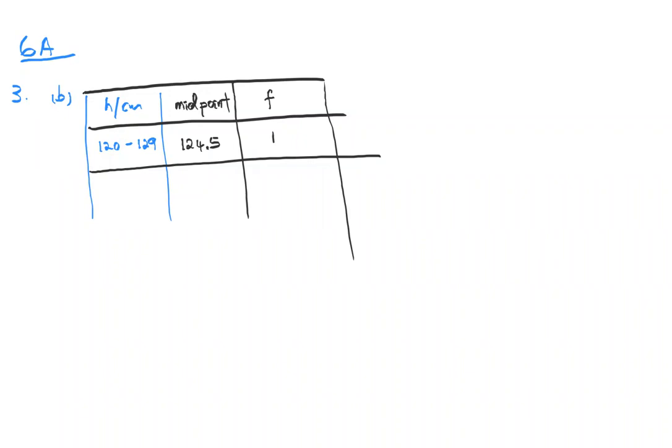Okay, so we call this a group data. When you have group data, you don't know exactly how many is 120, how many is 121, how many is 123, and so on and so forth. Understand? So we have to make that kind of assumption. So when you do your folio later in September, this is one of the assumptions you make.